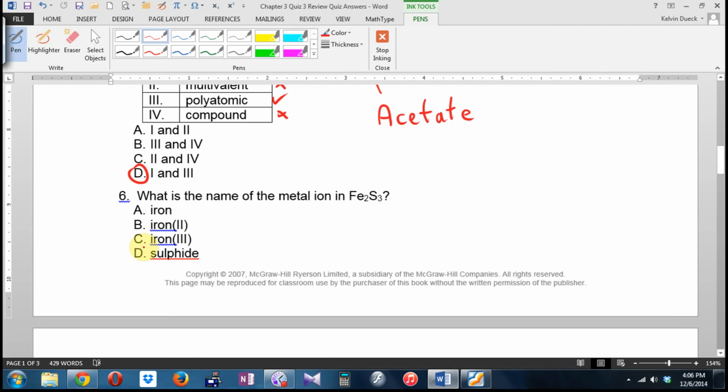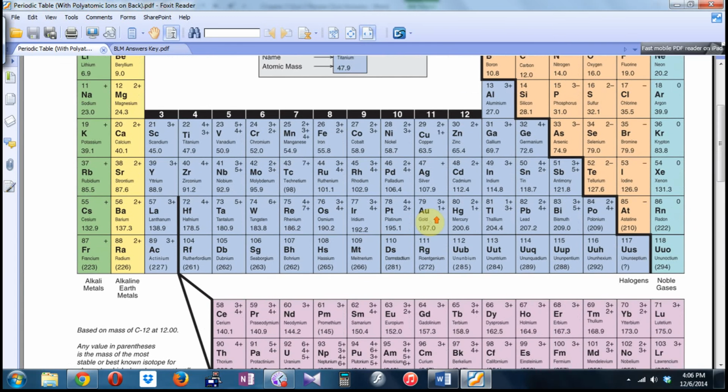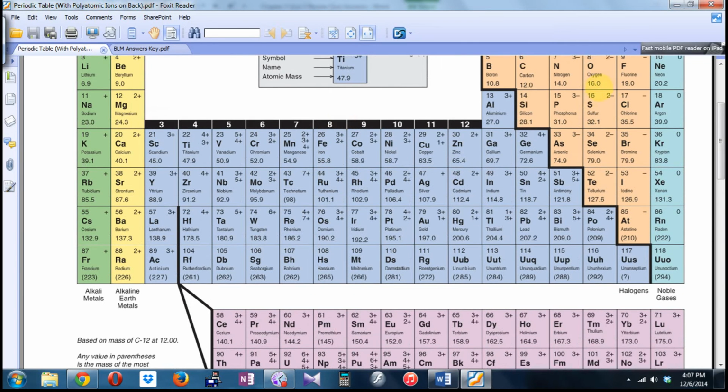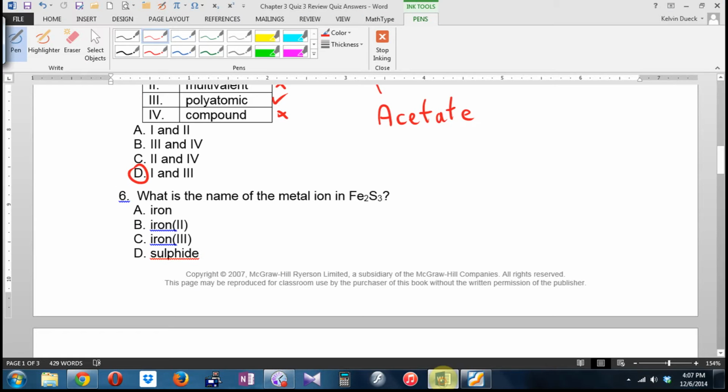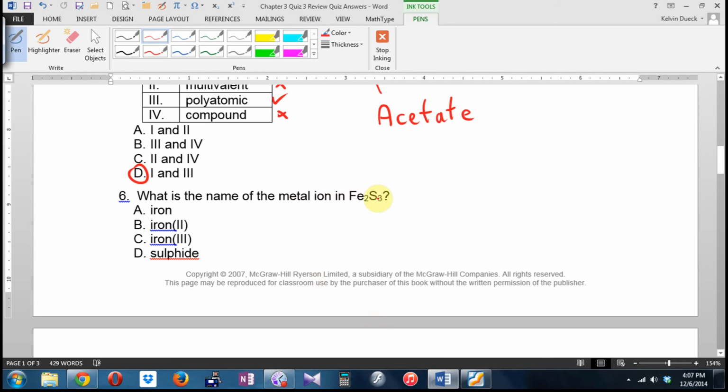What's the name of the metal ion in Fe2S3? Oh, wait a minute. Iron, I bet you that's a multivalent. Yep. That's what I thought, multivalent. So how am I going to figure this out? I'm going to look at the non-metal, which I think was sulfur, wasn't it? Sulfur. Each sulfur is -2, and there are 3 of them.